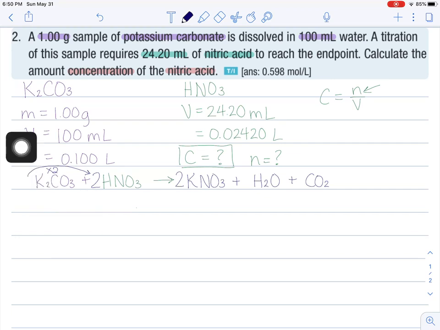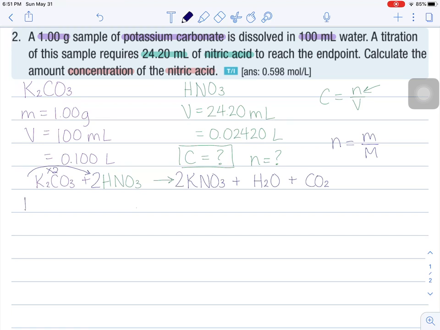So for potassium carbonate, I know the mass and the volume. To get a number of moles with a volume, I would need a concentration, which I don't have. But I do have the mass, and the other calculation I could use for number of moles is mass divided by molar mass. And molar mass you get from the periodic table by looking up the atomic mass of each element.